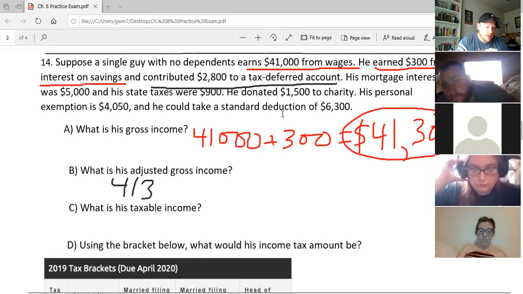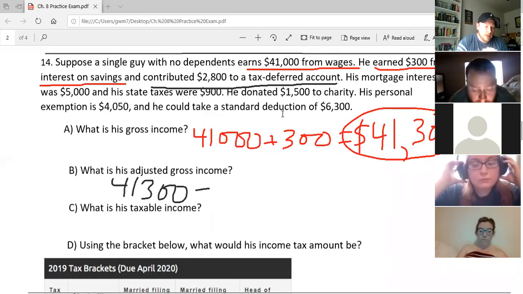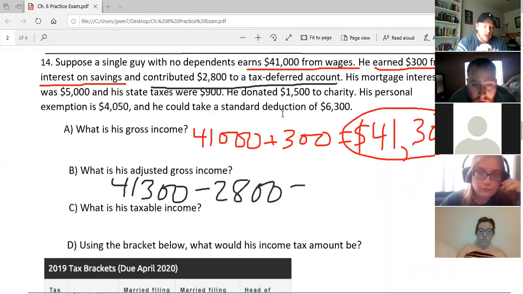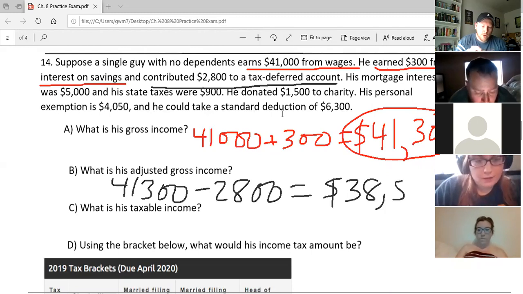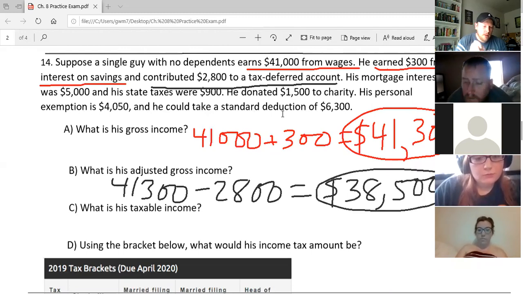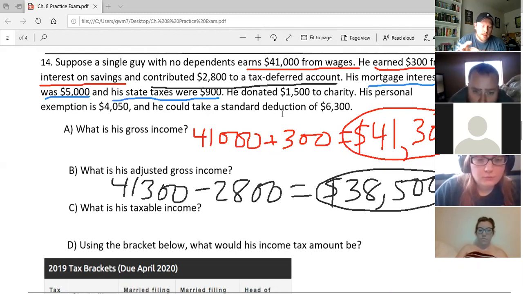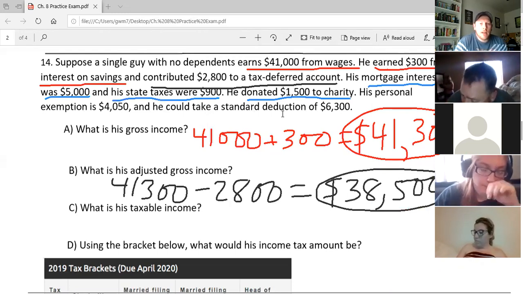So the 41,300 minus the 2,800 leaves us with 38,500 for the adjusted gross. The rest of the items, the mortgage interest, the state taxes, the donation to charity, all of those are deductions that he could take itemized.